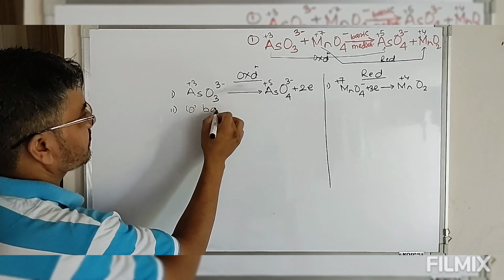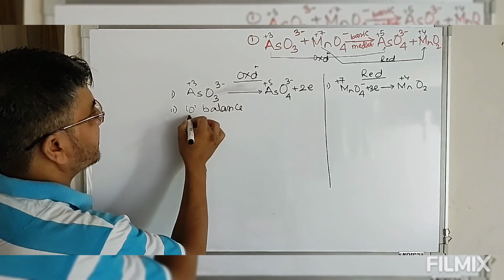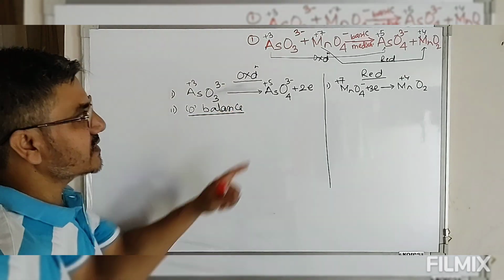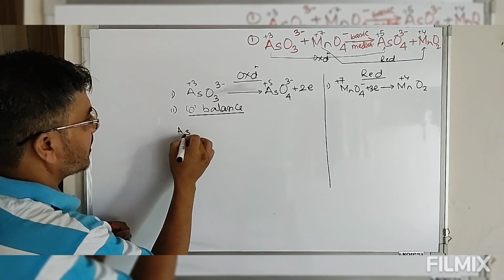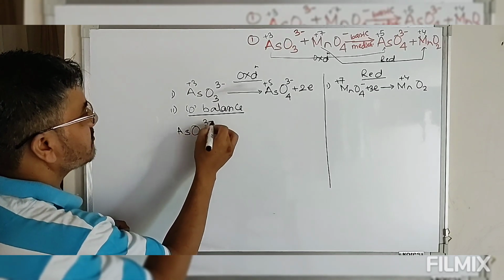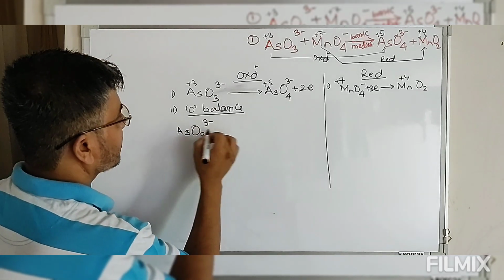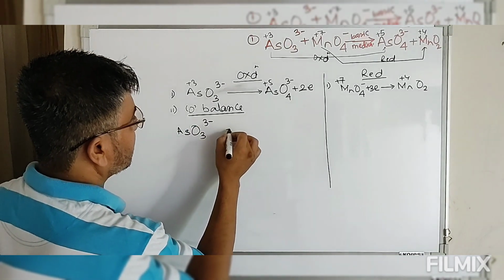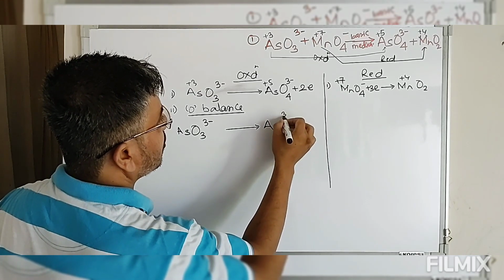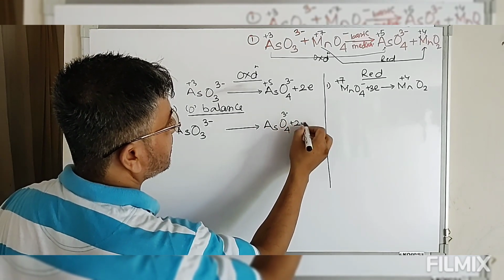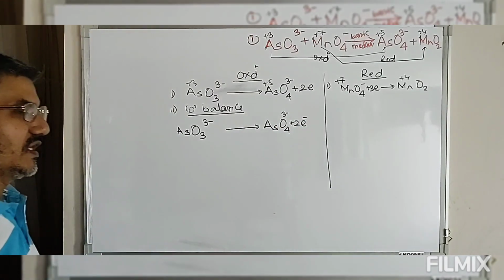O balance. The reaction is in basic medium. So now look at this. AsO3 3 minus gives AsO4 3 minus plus 2 electrons.